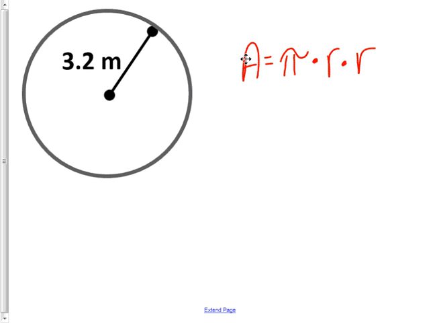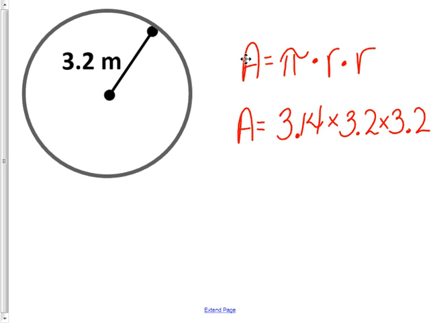Then you don't have to worry about accidentally multiplying the radius times 2, which is a common mistake. So we're going to do 3 and 14/100 times 3 and 2/10 times 3 and 2/10. If I work this out, I'm going to get an area of approximately 32 and 15/100 square meters.